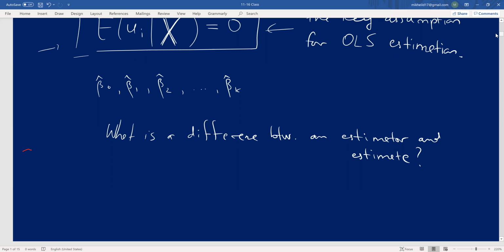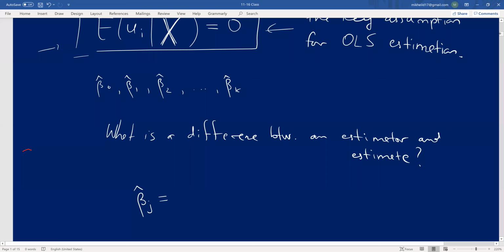Thank you very much, because I would have had difficulty saying it better. So you are absolutely right. Let me say in general, beta j hat equals something, right? It is some function, right?